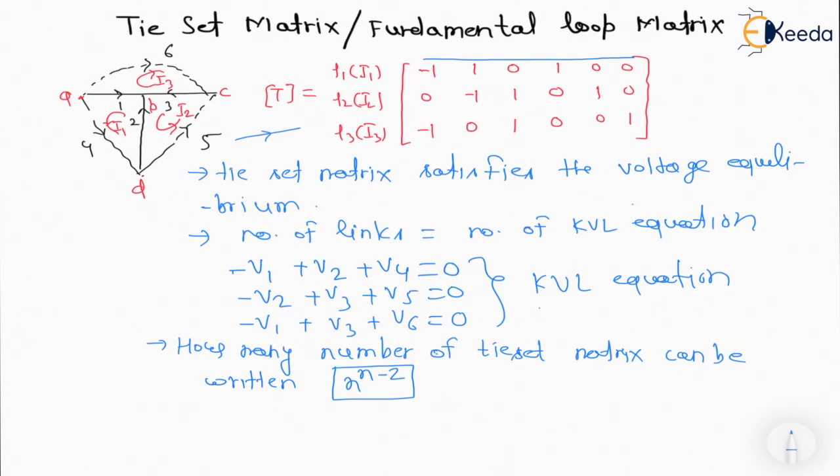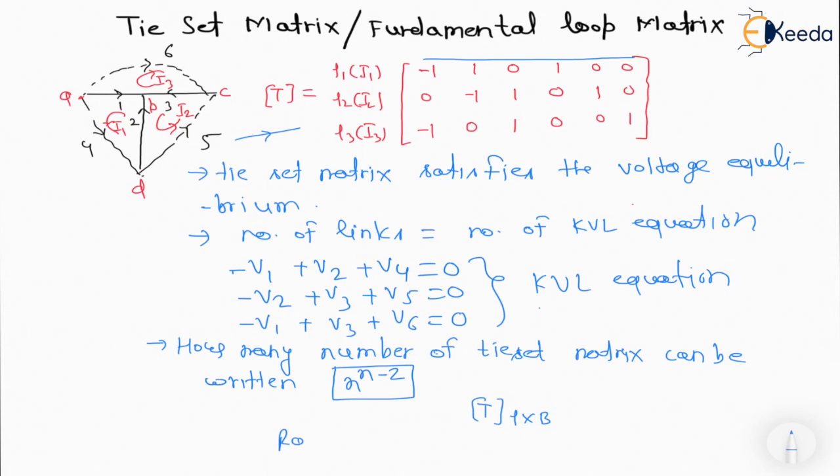So what we have studied till now: first, we determine the branch current in terms of loop current. This is the definition we have discussed. Second point is that it satisfies the voltage equilibrium equation. And third is that the size of the tie set matrix will be equal to L cross B, which we have discussed.